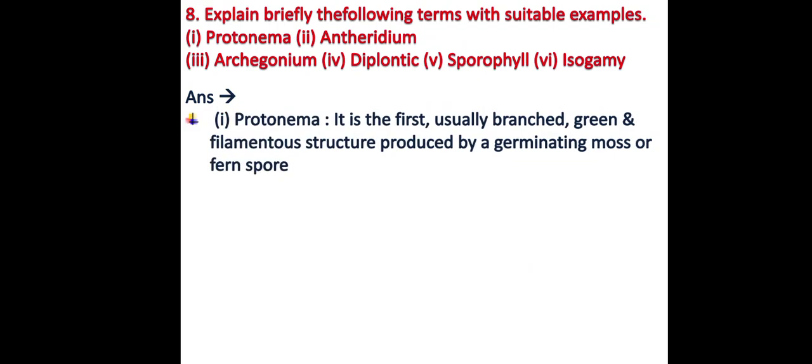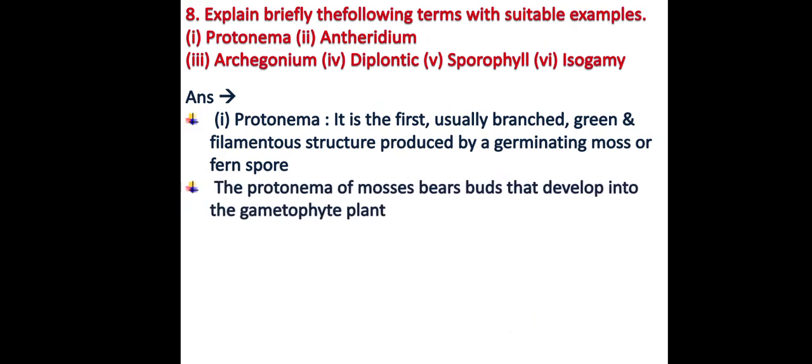It is the first, usually branched, green, and filamentous structure produced by a germinating moss or fern spore. The protonema of mosses bears buds that develop into the gametophyte plant. In ferns, the protonema becomes the prothallus.